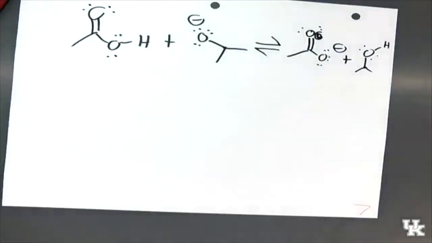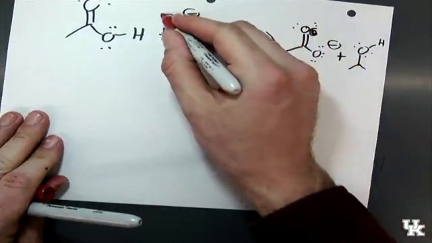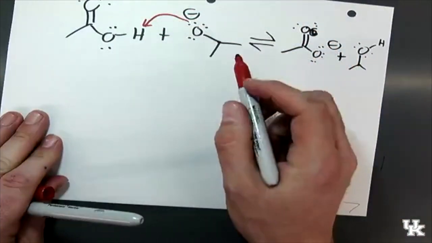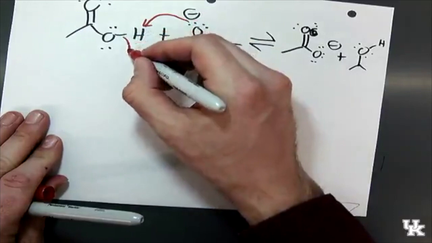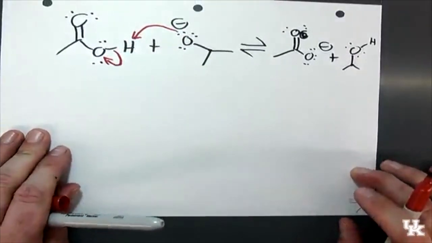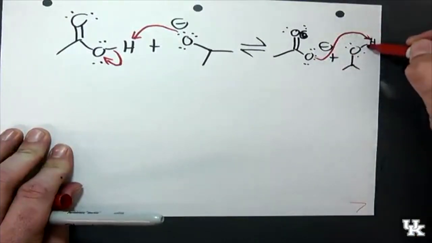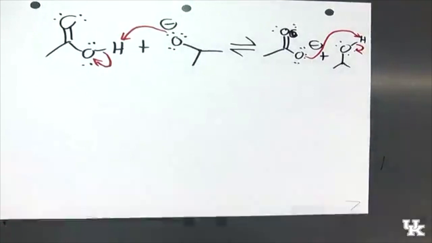And we talked a little bit about how bases physically take the proton from the acid. And those reactions had arrow pushing as well. One for the base to attack the proton, and the second for the electrons to return back to the oxygen. And we had the opposite reactions happening on the other side to regenerate our reactants.